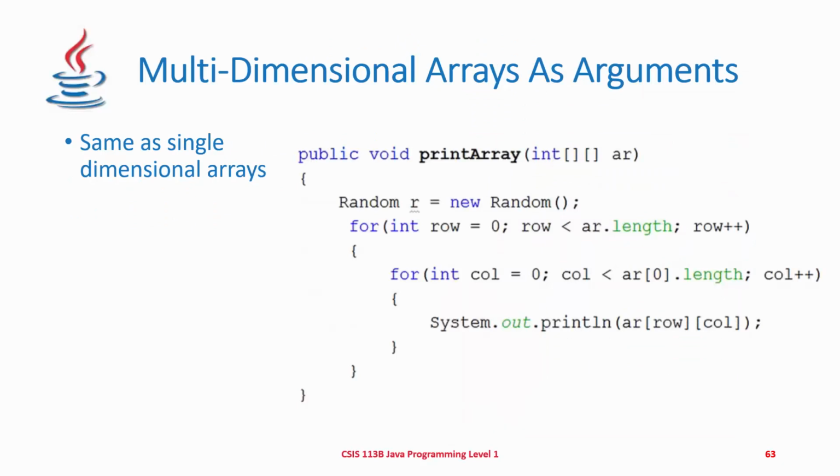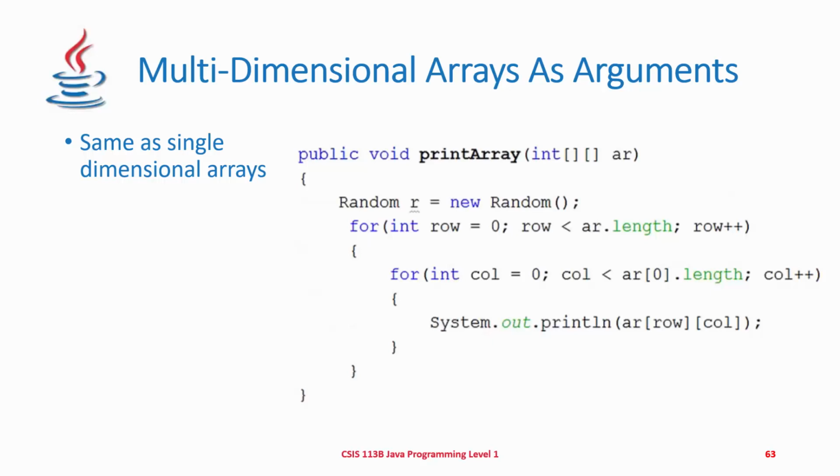So here's another way of doing that that I think makes it a little bit easier to understand, which is that instead of using i for our control variable, we're going to use row and column for the control variables. So that makes it easier to keep track of what we're dealing with. So you can see the outer for loop, we've got int row equal to 0, and we're going to run as long as row is less than ar.length, and then increment row each time through the outer for loop.